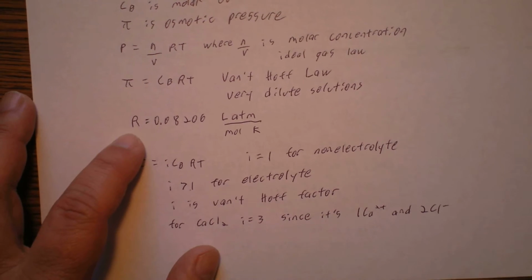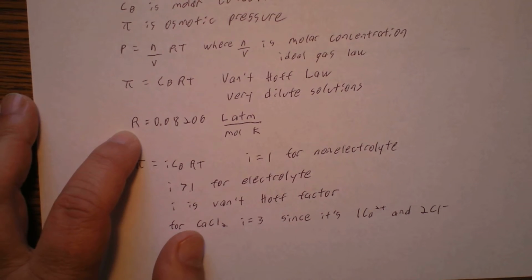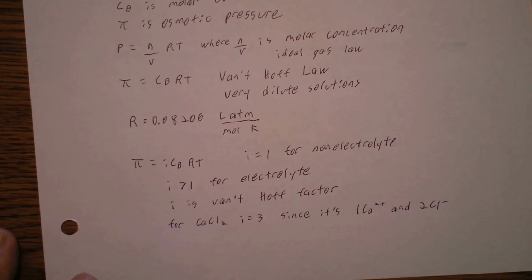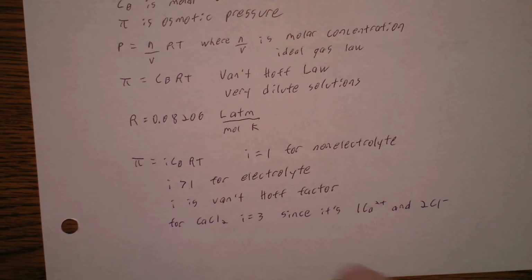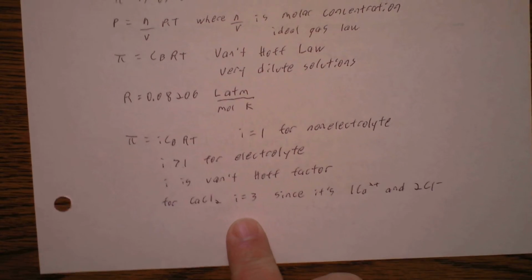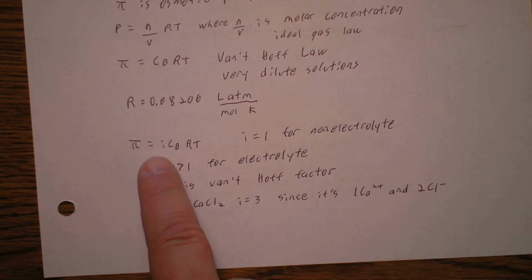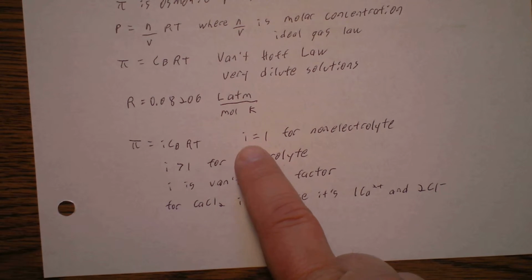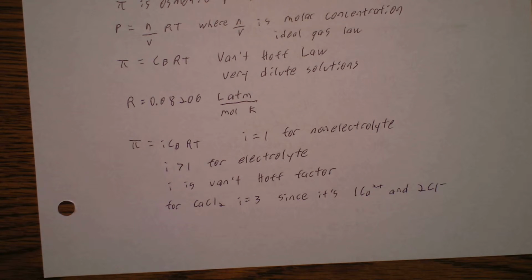Now for these types of calculations, it's useful to use R in the form of 0.08206 liter atmospheres per mole Kelvin. Now pi is going to be i C_B RT. So we're going to say i is equal to 1 for a non-electrolyte.